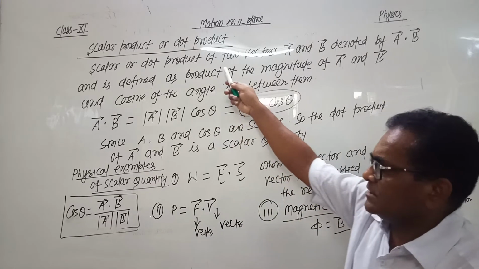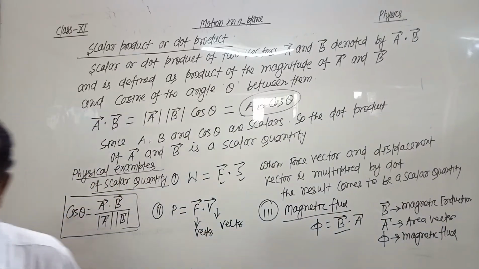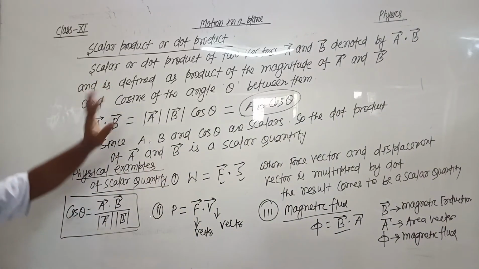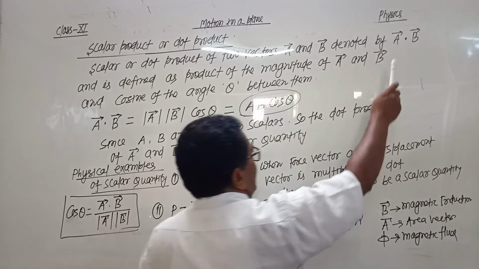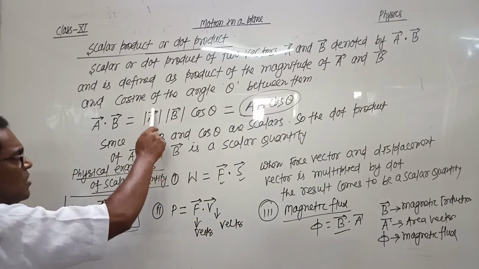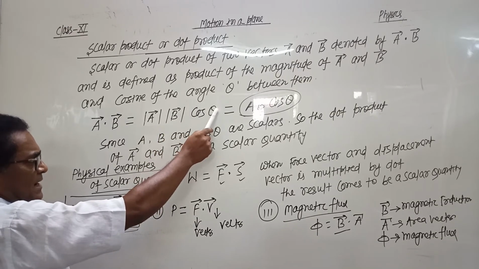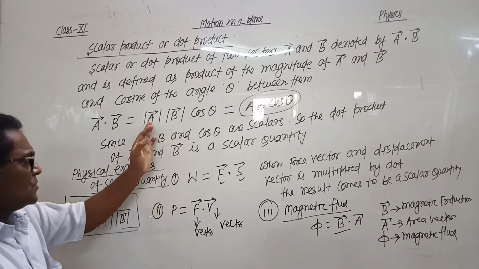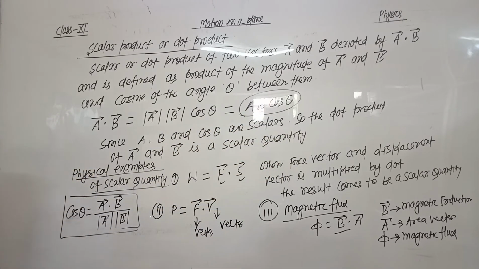The first way of multiplication is known as a scalar product or dot product. A scalar or dot product of two vectors A and B, denoted by A dot B, is defined as the product of the magnitudes of the two vectors and the cosine of the angle theta between them. So it is AB cos theta.